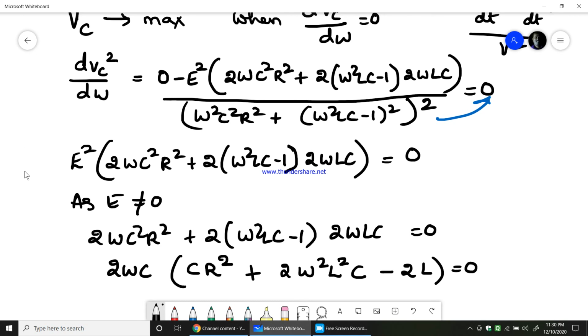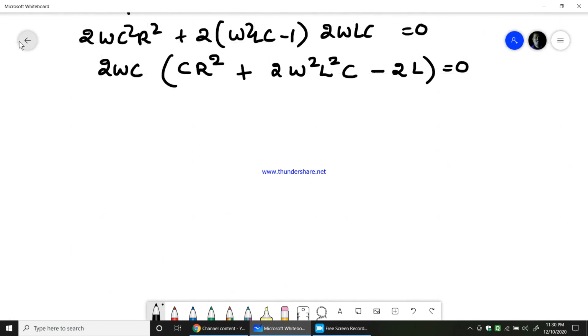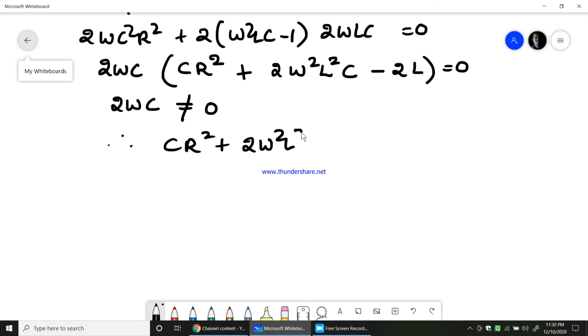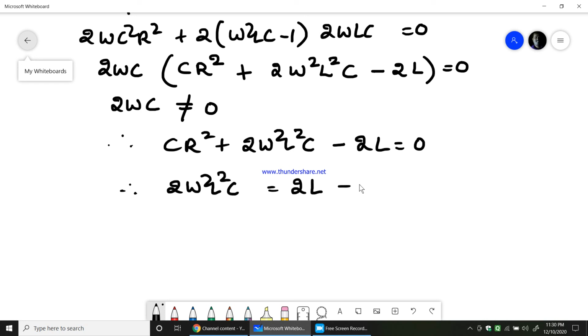So this is what I get. As 2 omega c cannot be 0, therefore c into R square plus 2 omega square L square c minus 2L is equal to 0. Therefore 2 omega square L square c equals 2L minus c into R square.